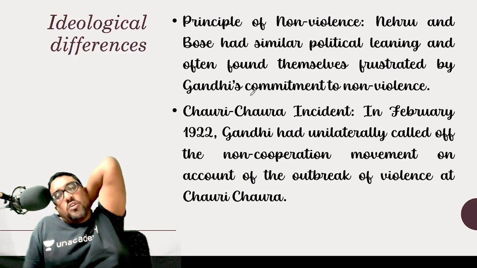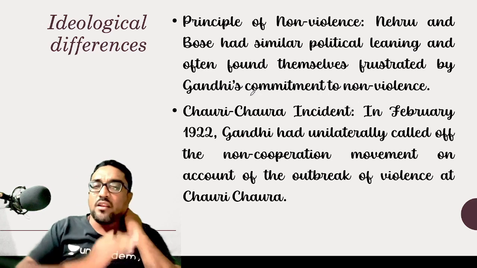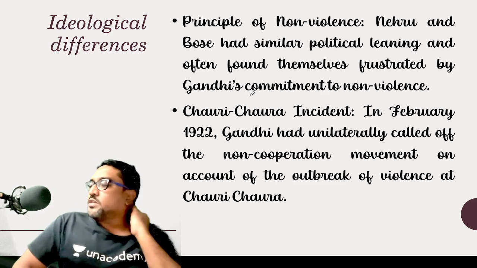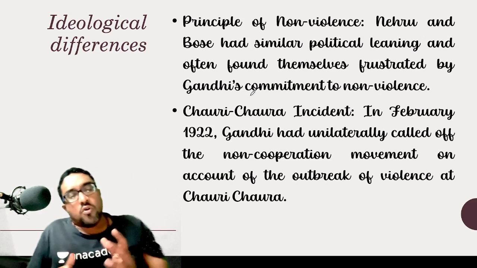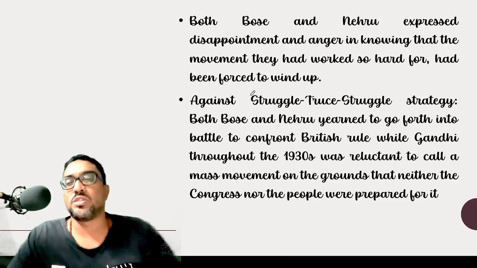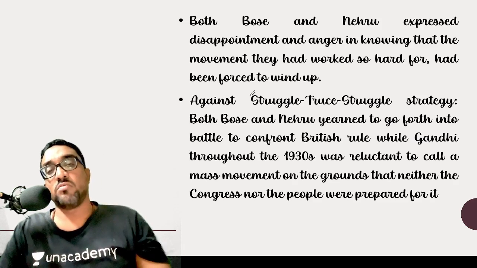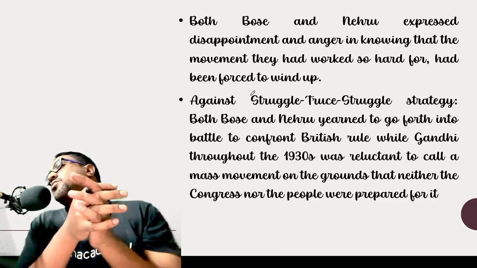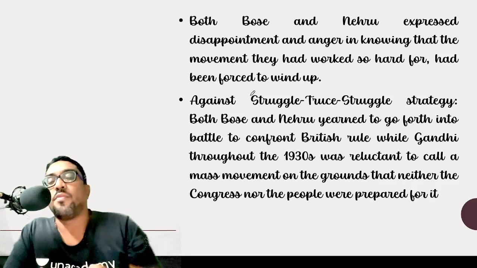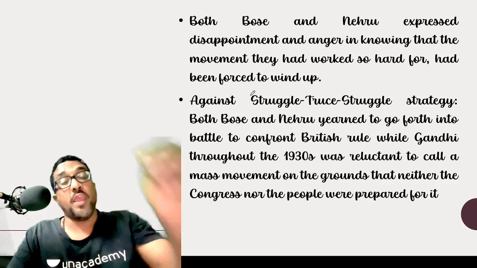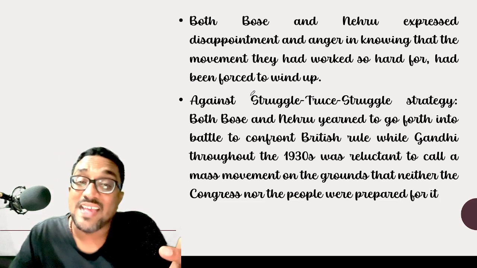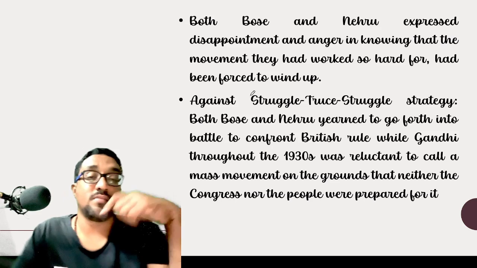Similarly, in the Chauri Chaura incident, Gandhiji unilaterally called off the non-cooperation movement just because of the outbreak of Chauri Chaura, and Bose called it a Himalayan blunder. Bose was quite frustrated about it. Both Bose and Nehru expressed extreme disappointment and extreme anger on knowing that the non-cooperation movement, which was at the peak of its perfection, was outright cancelled by Gandhiji.